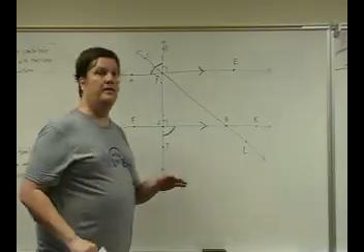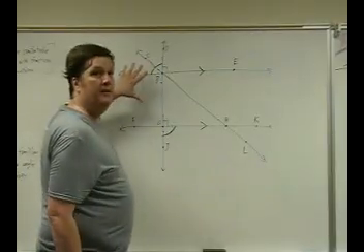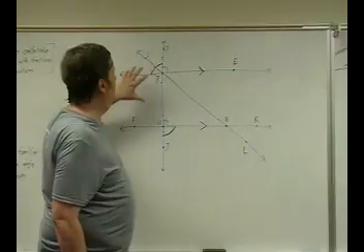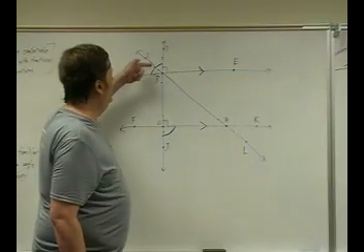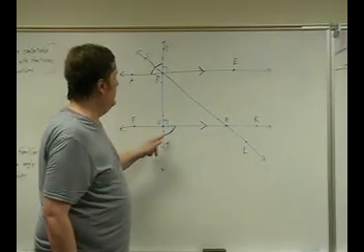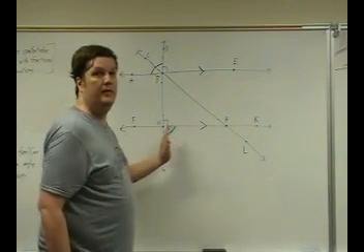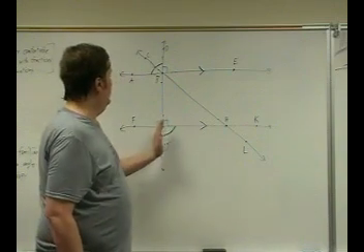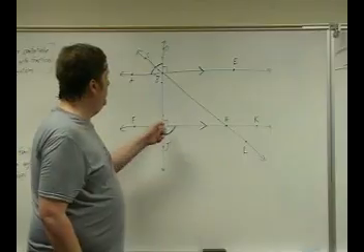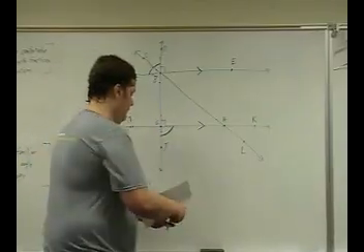Again, alternate exterior. Exterior means outside the parallel lines, so here. Alternate means that it's on the other side of the transversal. So outside, other side of the transversal from this side: alternate exterior angles.